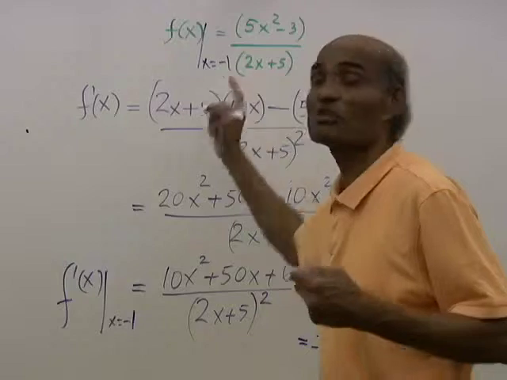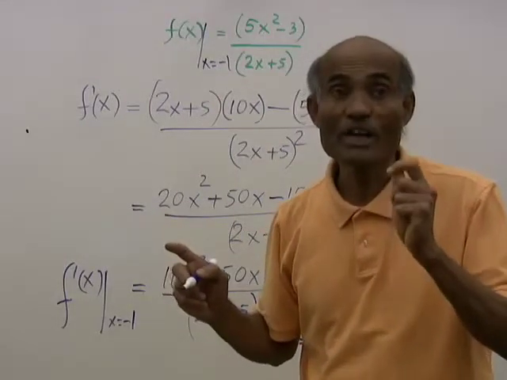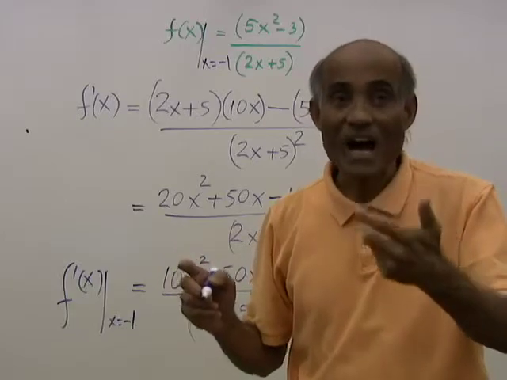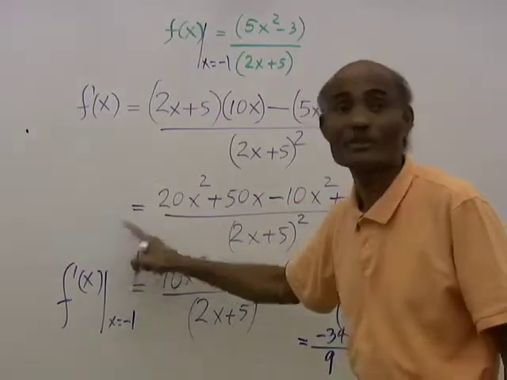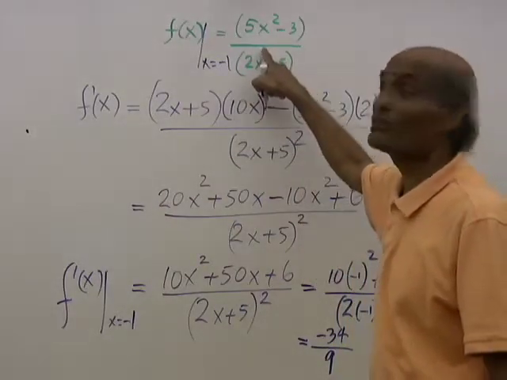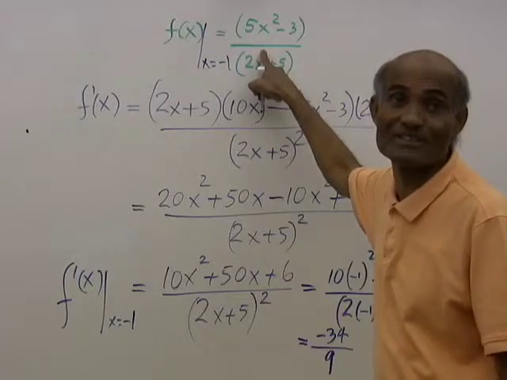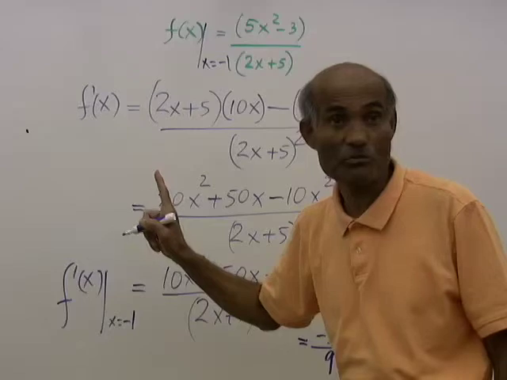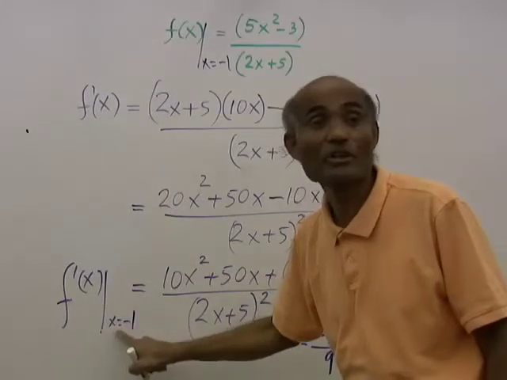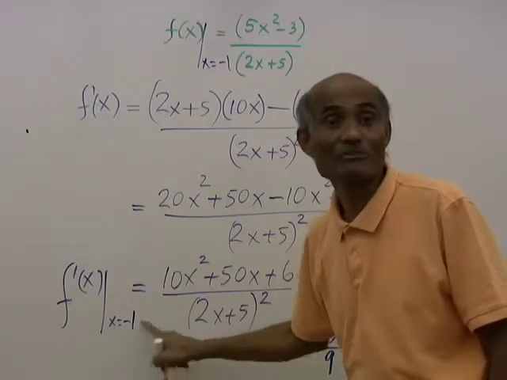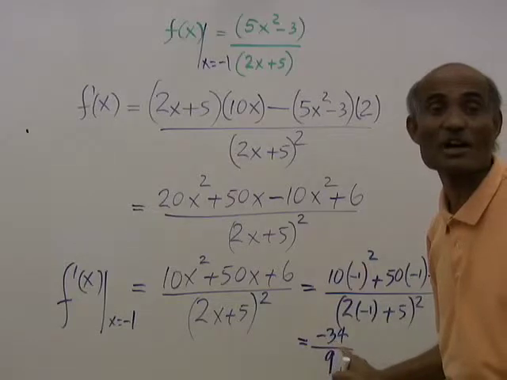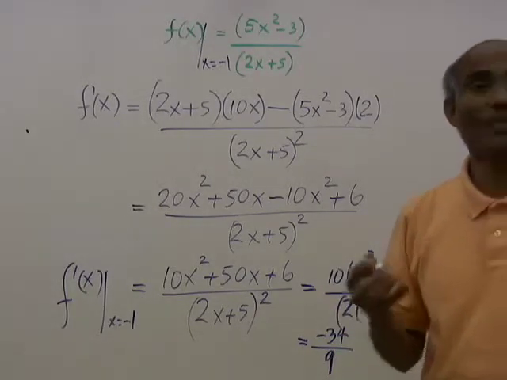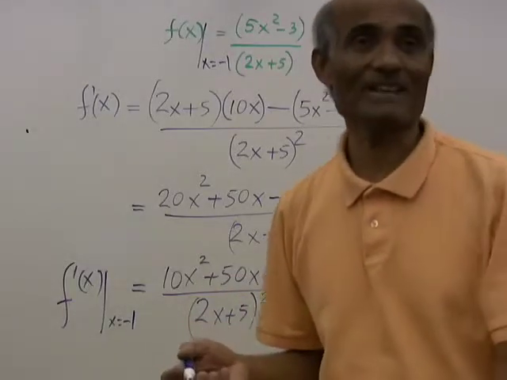Derivative of a function at a given point is the slope of the tangent line at that particular point. That means if you draw the graph of this function and draw a tangent line to the graph of that function at x equal to negative 1, the slope of that tangent line will be negative 34 over 9. That is the physical meaning of that.